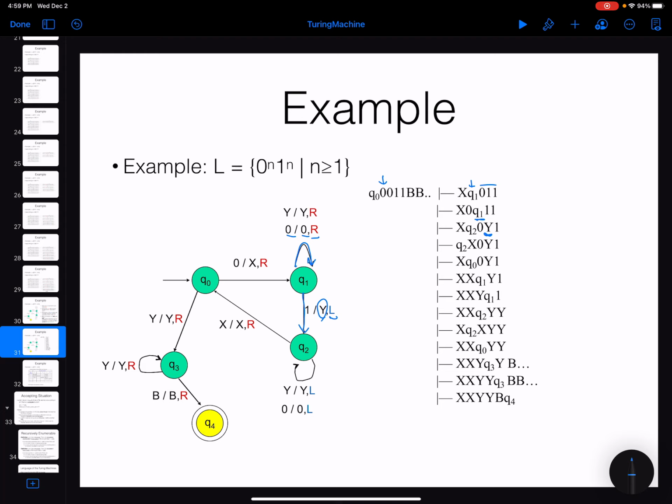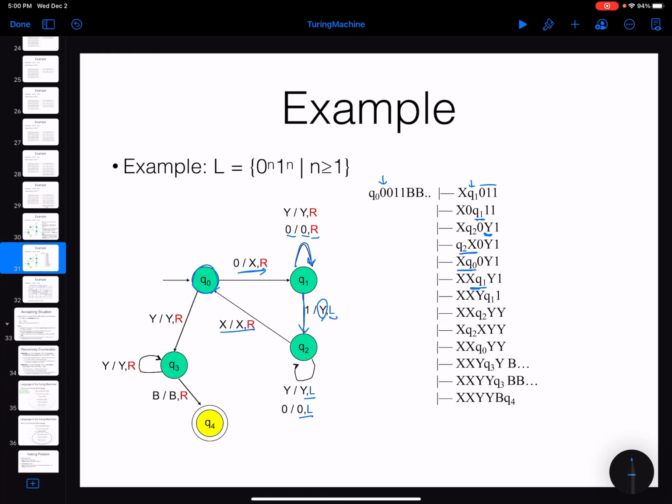After you move to the left in Q2, you keep moving to the left on seeing any 0 or any Y. And whenever you see the first X, you move to the right, don't touch the X. And whenever you see the next 0, you replace that 0 with an X. It's just showing all the steps. If you follow the steps, it should be quite clear what's going on.